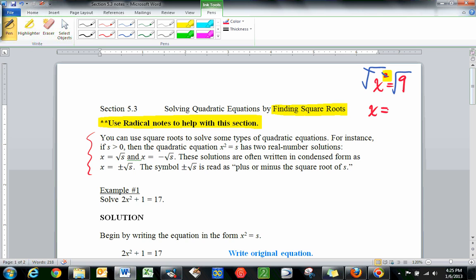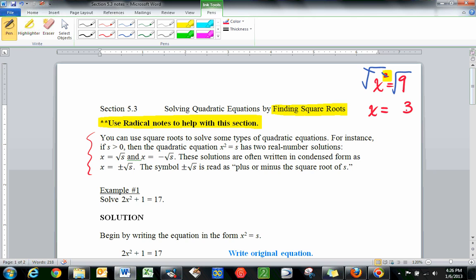Now the square root of 9, if you remember, is equal to 3. This is where solving quadratics is going to be a little different than just simplifying radicals. If you remember at the beginning of that pre-lesson, we discussed the fact that a square root actually has two possible answers.